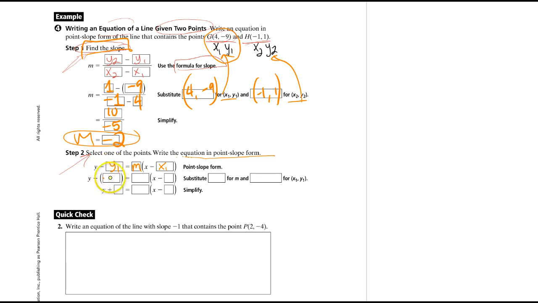So I'll put in the -9 here, the slope of -2, and the x value of 4. So I substituted the -2 for the slope and 4, -9 again for my x1, y1. Simplify that, I get y plus 9, -2 is my slope, and x minus 4 is the point slope form version of that.